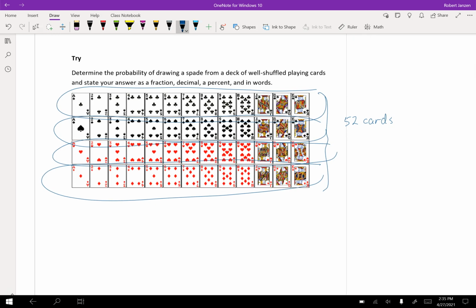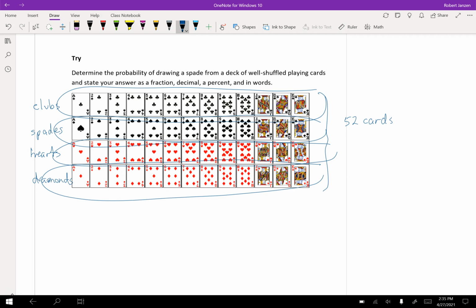Now if this was ever a situation where you didn't understand this and you didn't know what was being asked of you, you should never lose marks because you don't know what kind of cards are in a deck. So you should know that you can ask that. Okay, but here they are. This is a deck of cards, 52 cards.